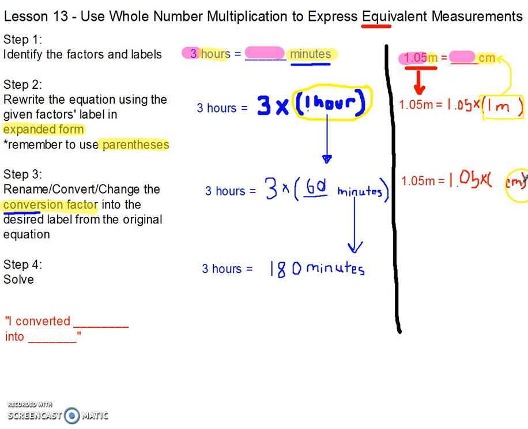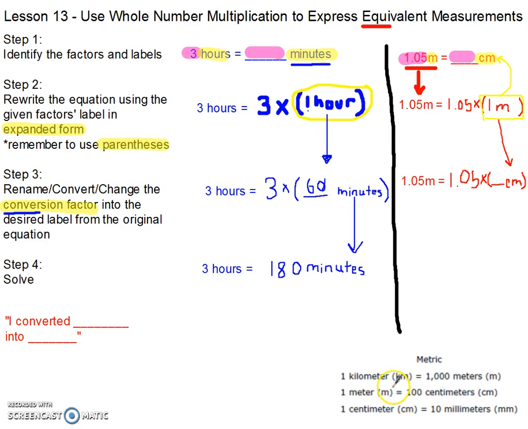But I have to ask myself, how many centimeters are in a meter? And I can use this chart down here by looking at 1 meter is equal to 100 centimeters. So in my parentheses, I would draw in my 100 centimeters, which is equal to that 1 meter from our previous equation.